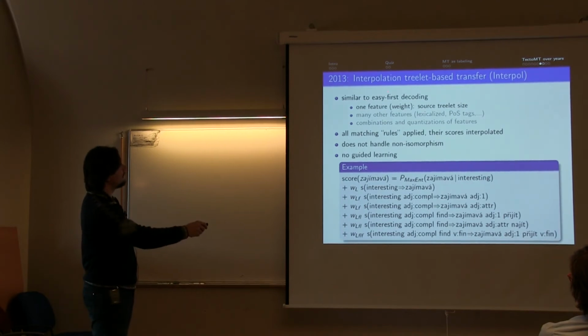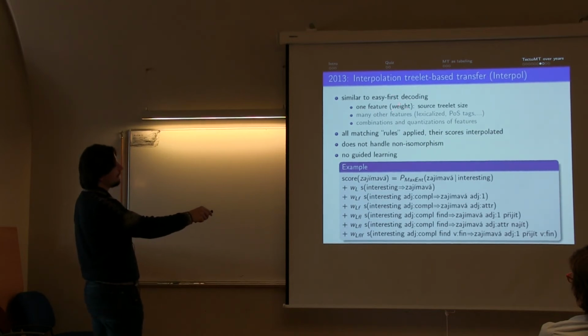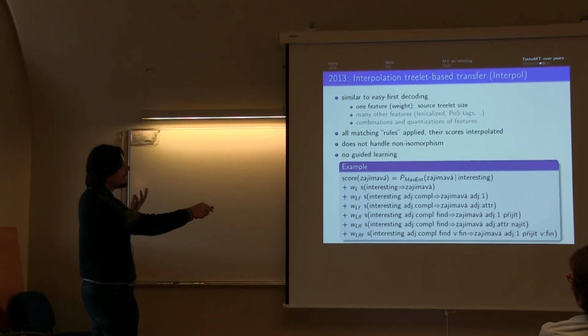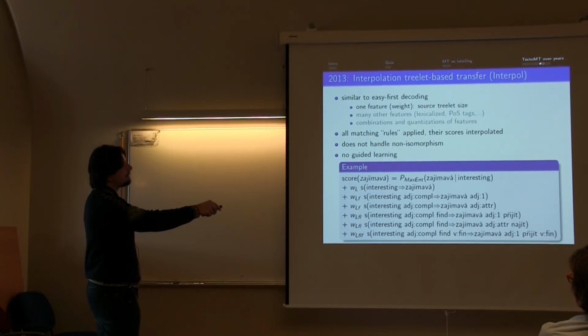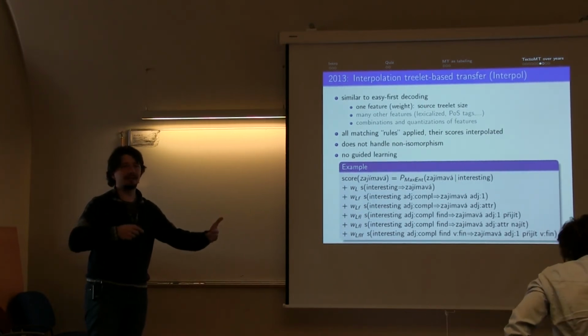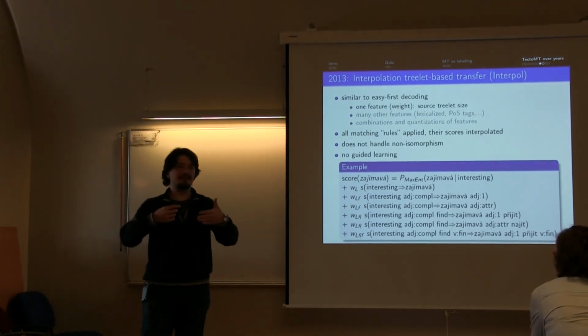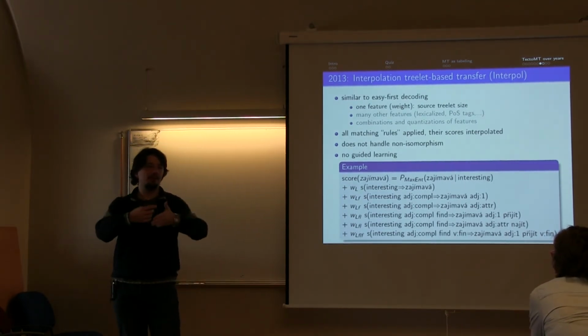So it's similar to EasyFirst in the aspect that there is one feature, or actually this feature has one weight in the model, which counts the number of nodes or subnodes in the treelet, so the size of the treelet. I somehow wanted to model whether I should first translate the big treelets or the small treelets.